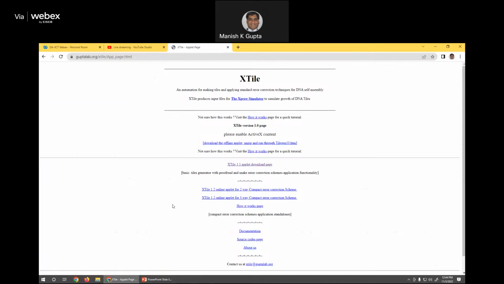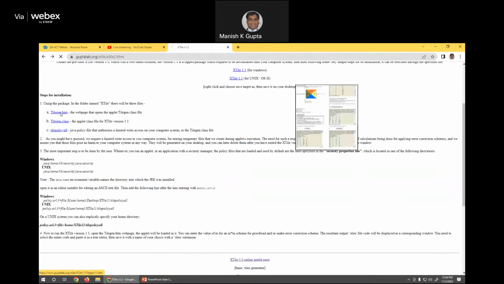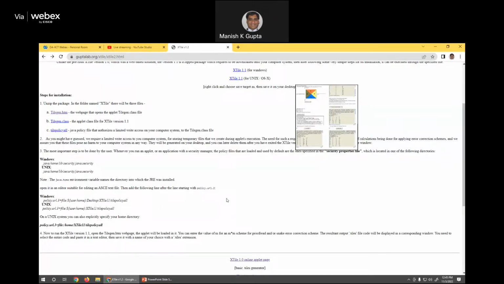We have a better version with us, but I think the browser will probably not support it. Yeah, it's not working anyway. So we have a better version also, which was used to create dot tiles directly. We have another version of it, but the simulator you can download and run.